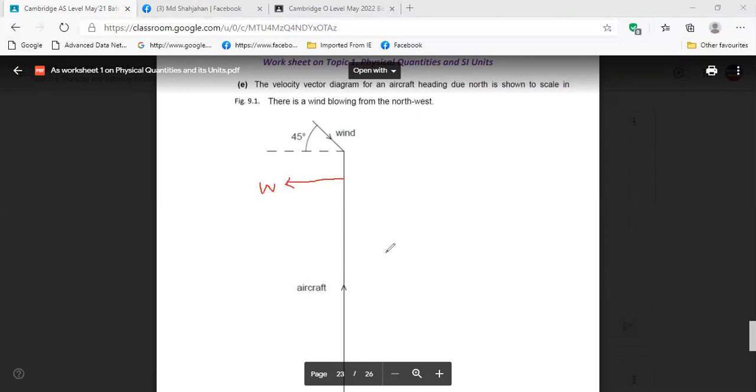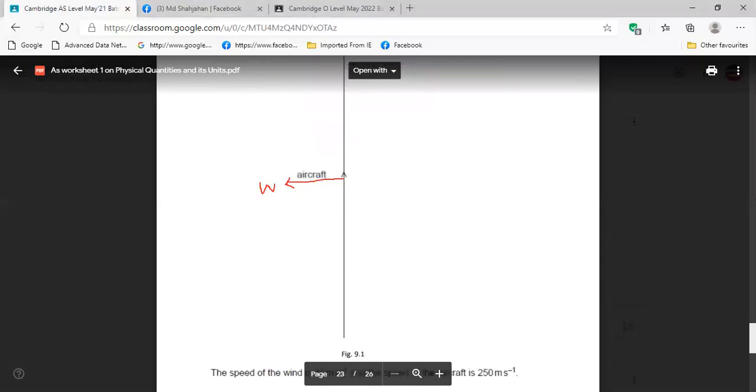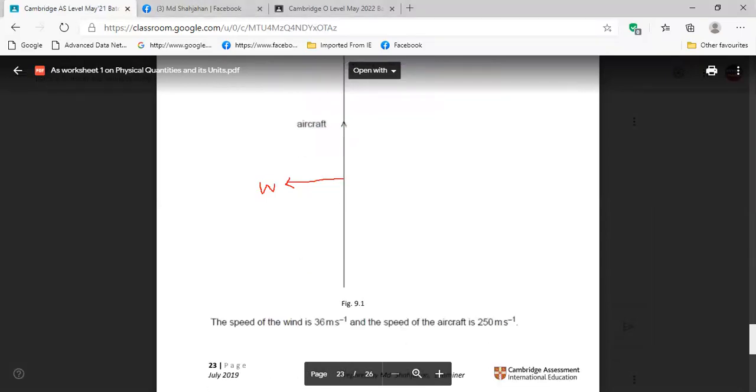Then we go to the next part. You see at the bottom, it says the speed of the wind is 36 meters per second, and the speed of the aircraft is 250 meters per second.